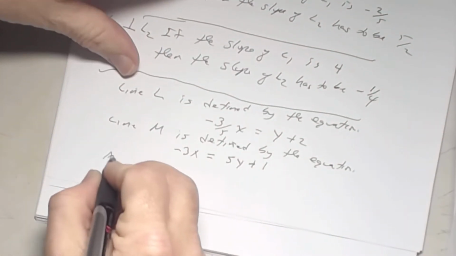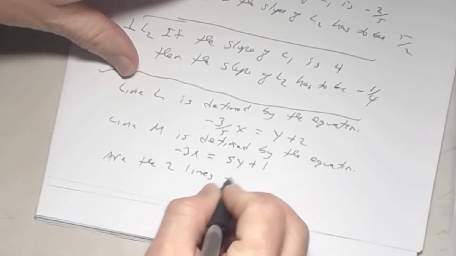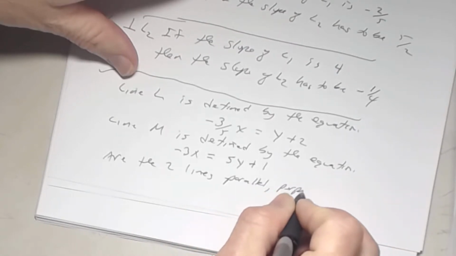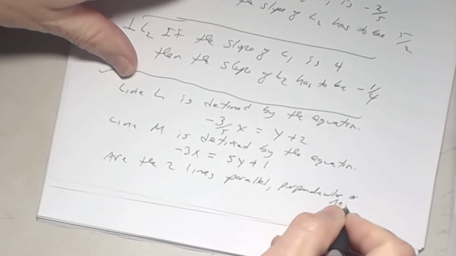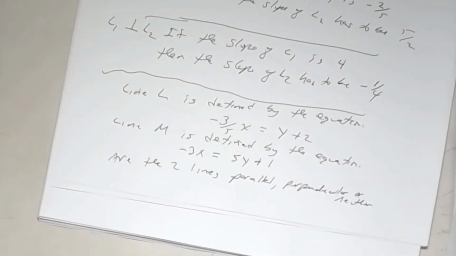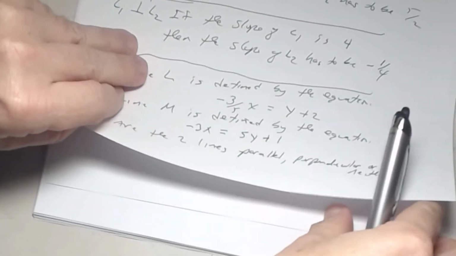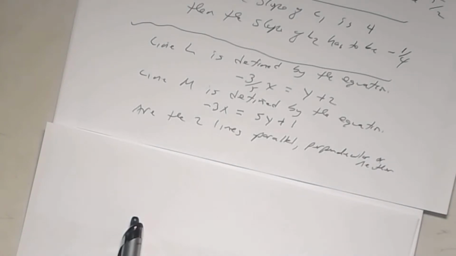Are the two lines parallel, perpendicular, or neither? All right, so here's how you can do it. To determine if two lines are parallel, perpendicular, or neither, all you need to know is their what?